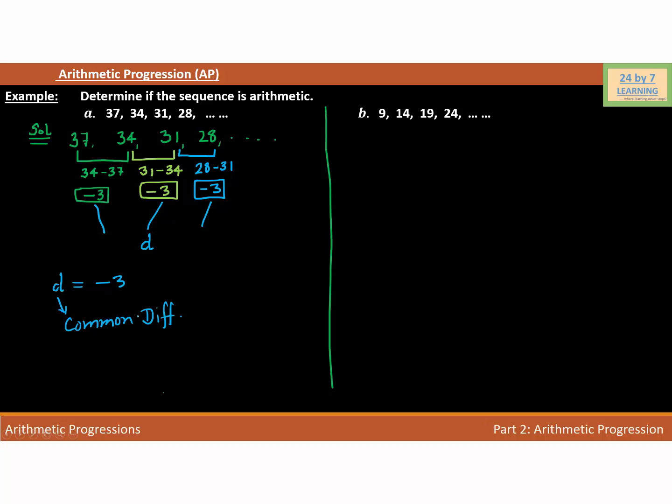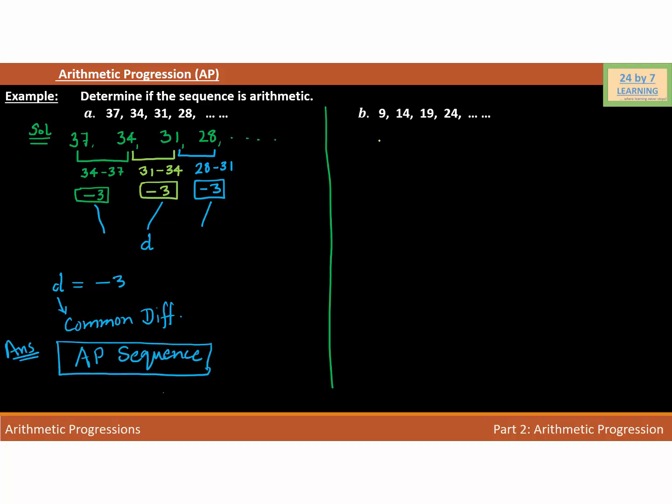As we know, if the difference is common between any two consecutive terms, then that sequence is an arithmetic sequence. So I can definitely say that this is an AP sequence.